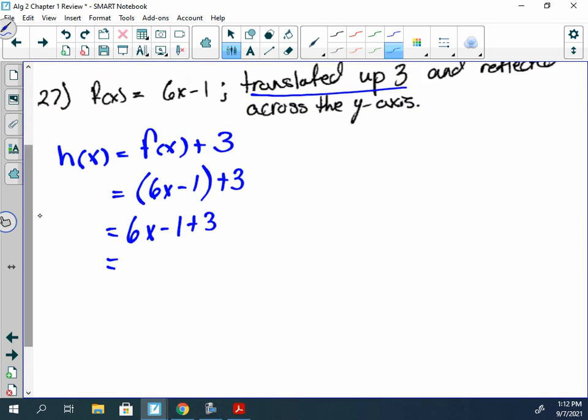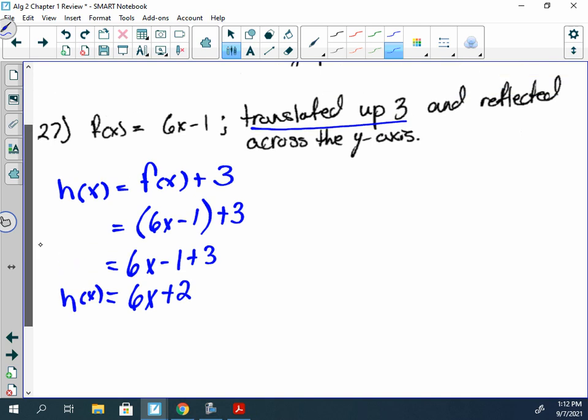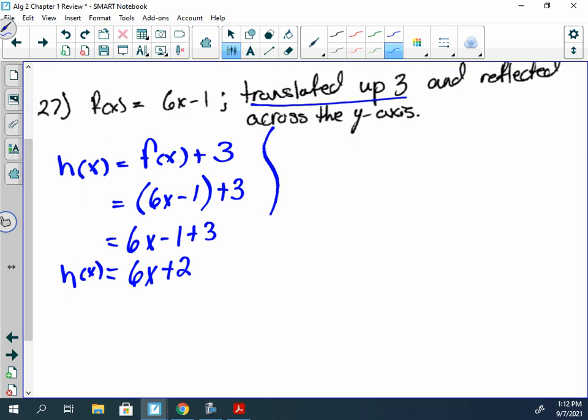And well, negative 1 plus 3 is plus 2. So we've successfully moved the function up 3. So we did the first part. Yes? Now the next part is what? A reflection across the y-axis.